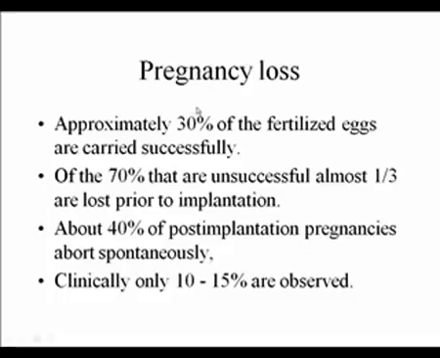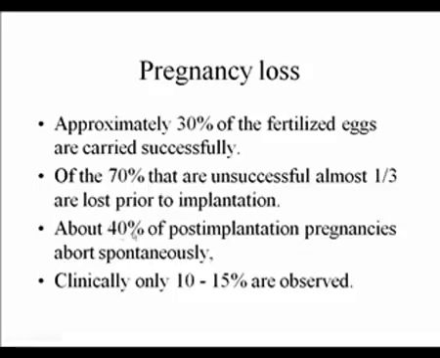I also want to point out that not all the fertilized eggs are carried successfully. In fact, only 30% are. So 70% of the fertilized eggs don't make it and are lost prior to implantation, or at least a third of them are lost prior to implantation, so that there's no hint of pregnancy.